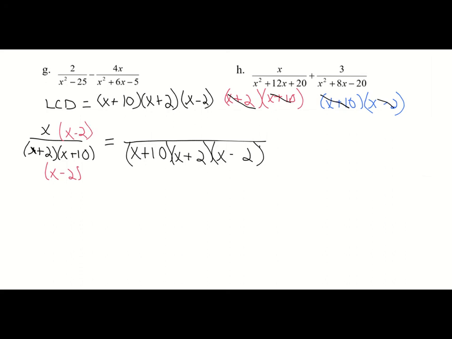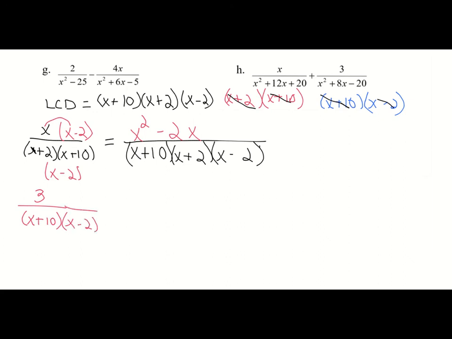So when I distribute, that's going to give me x squared minus 2x. And then my second fraction, I have 3 over the factored form of x plus 10 times x minus 2.